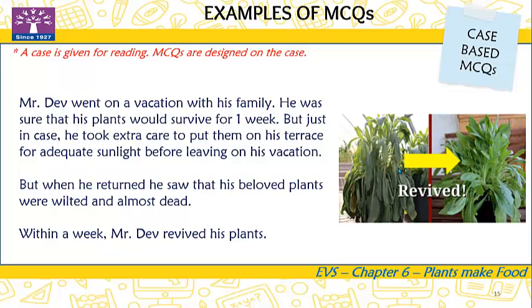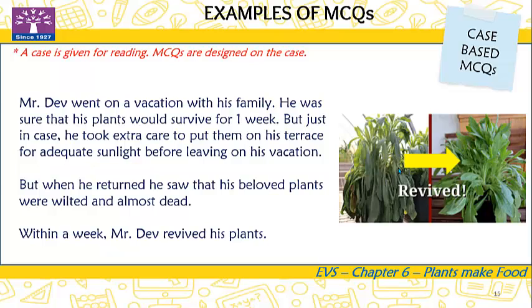Because here the student has to understand how the real life case links to the concept in the textbook or the multiple concepts that are related to photosynthesis, and accordingly apply the learning to answer the questions. Now this is the case study. We'll show you the next slide, which provides questions based on this case study.